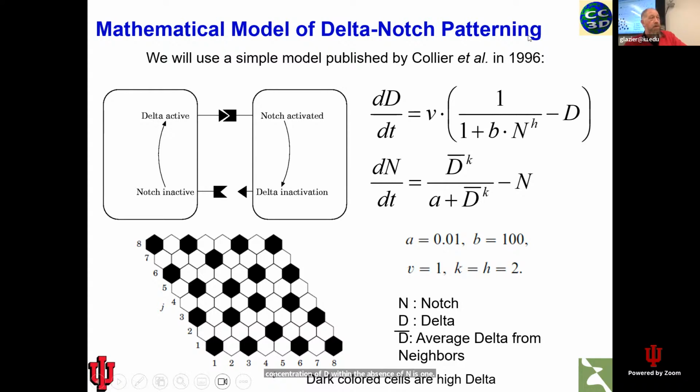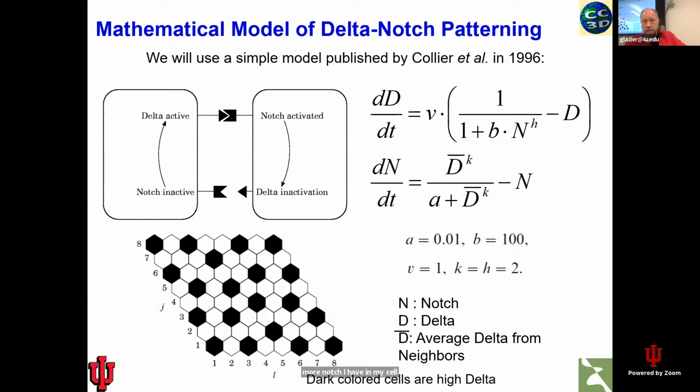Now what happens with notch? Notch is produced not by delta in our own cell. It's produced by delta in the neighboring cell, delta active. And so here, dN/dt is equal to a function not of delta in our own cell, but of delta in the neighboring cells. In this case, the more delta our neighbors have, the more notch I have in my cell.